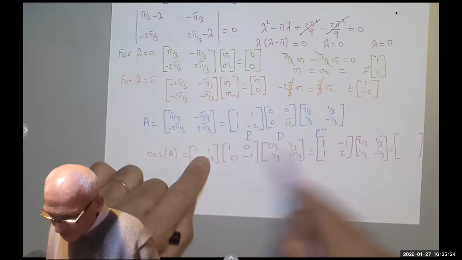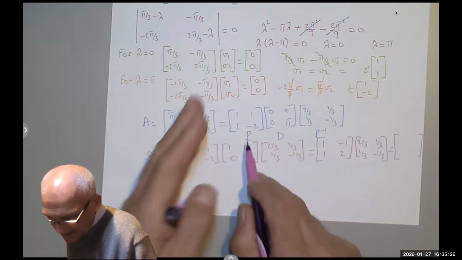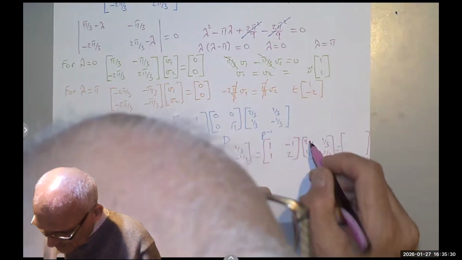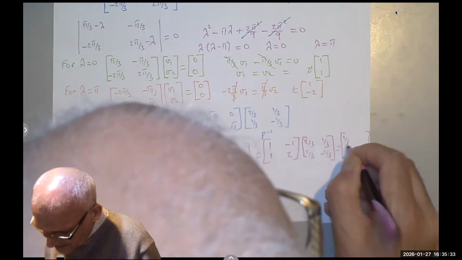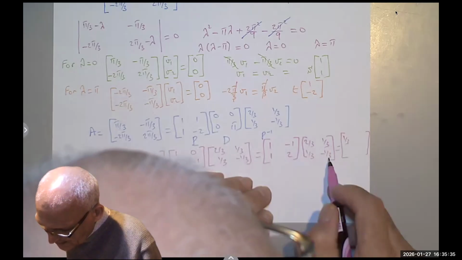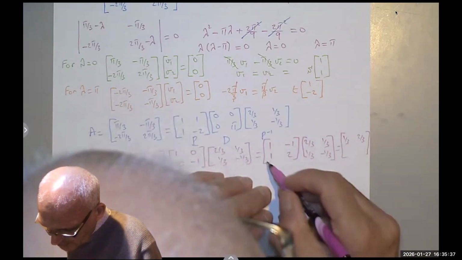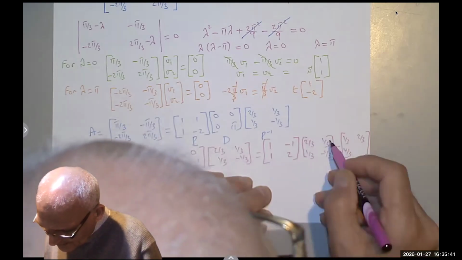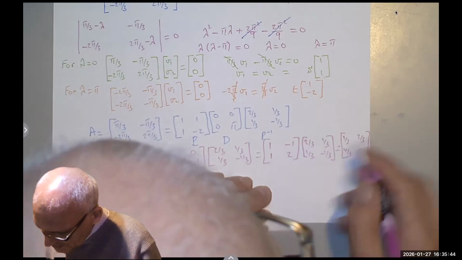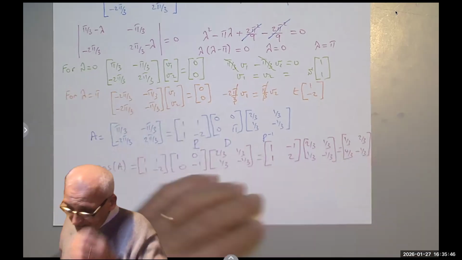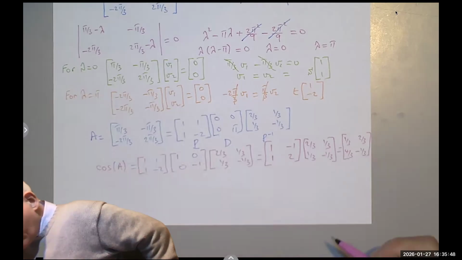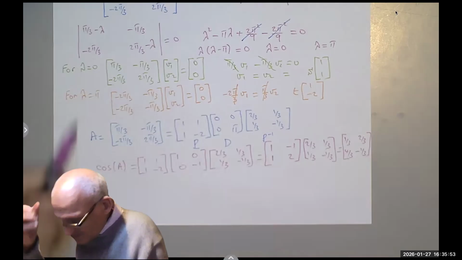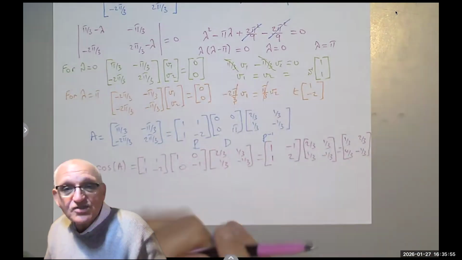Notice I multiply these two to get that, and now I multiply the product of these two by that. So you get 2/3 minus 1/3 is 1/3. 1/3 plus 1/3 is 2/3. 2/3 plus 2/3 is 4/3. And 1/3 minus 2/3 is negative 1/3. That matrix is cosine A.